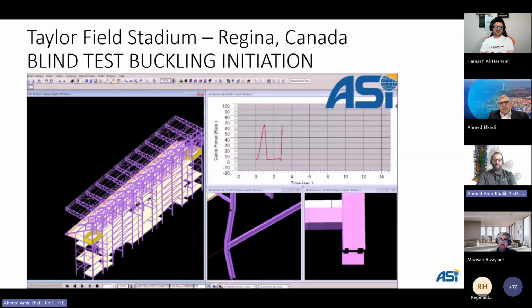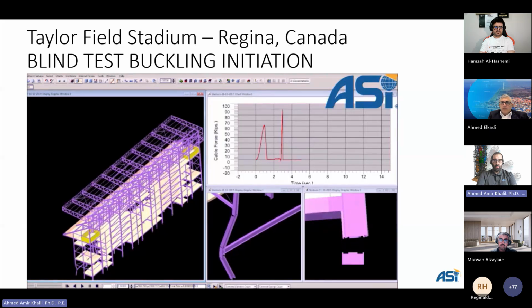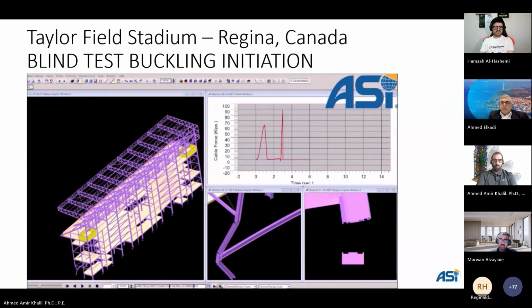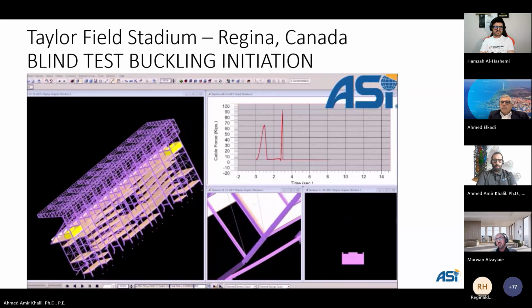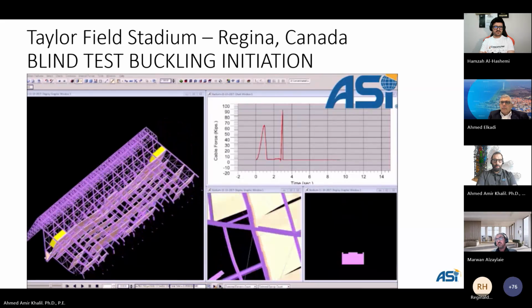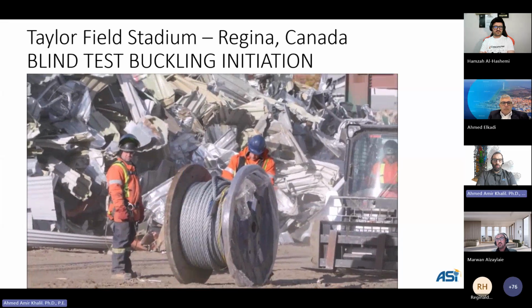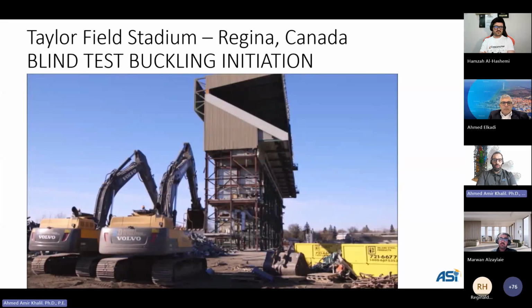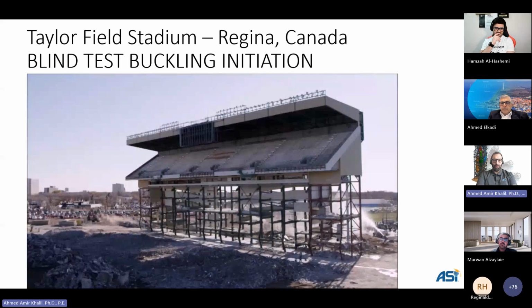So here we're predicting the forces that will cause the structure to collapse. And based on that, we tell the demolition contractor how many excavators are needed to bring the structure down.